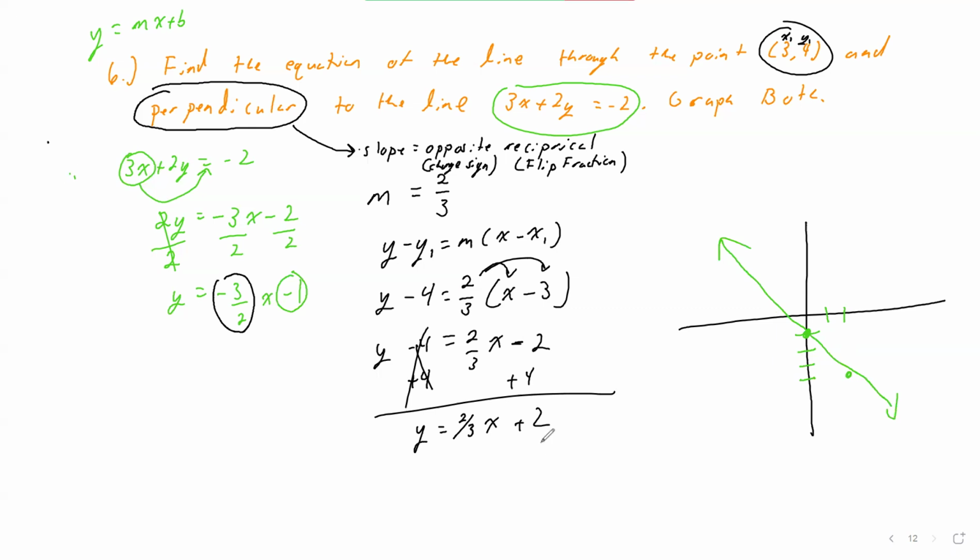Where do I start on my black one? Good. I'm going to start at 2. So now notice they go through each other. And if you didn't know, perpendicular makes 90-degree angles.